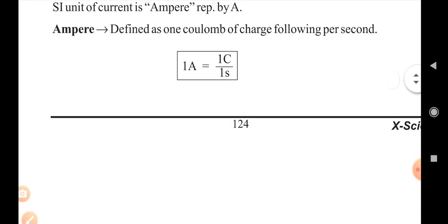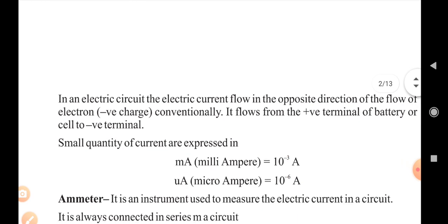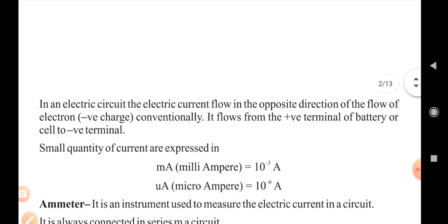In an electric circuit, the electric current flows in the direction opposite to the flow of electrons. Electron means negative charge. Current flows from the positive terminal of the battery or cell to the negative terminal.